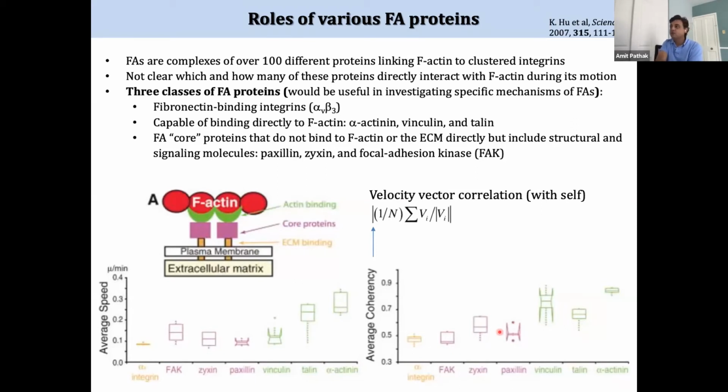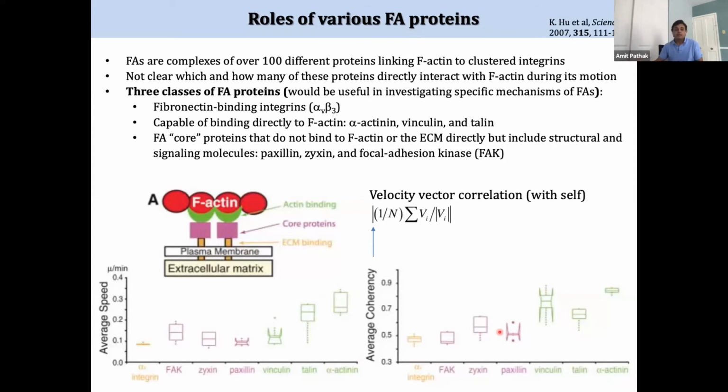Then you should look at vinculin or talin or alpha-actinin. On the other hand, if the key premise of the study is changes in the ECM and how they affect adhesion, then it is probably better to look at paxillin or zyxin, because those are the core proteins that are connecting the cell to the ECM.